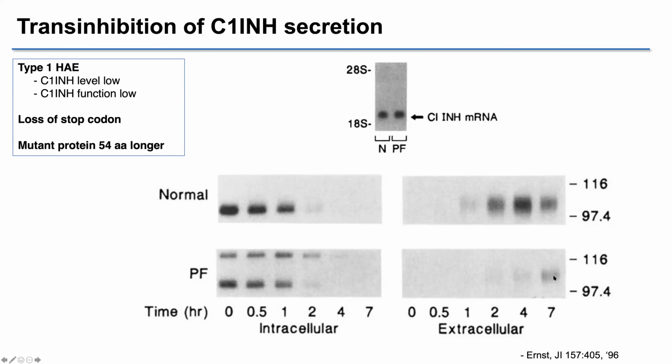And when they measured the amount, it was like 12% of normal. And so the implication is that the mutant protein is actually interfering with the secretion of the wild type protein. And that's why the level is not 50%, but more like 15%.